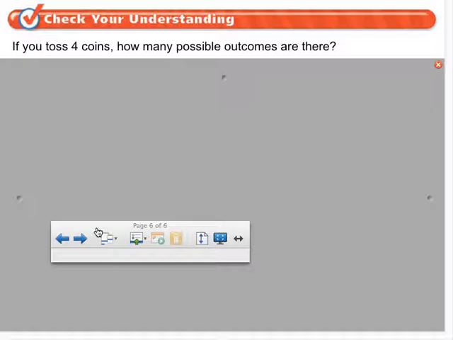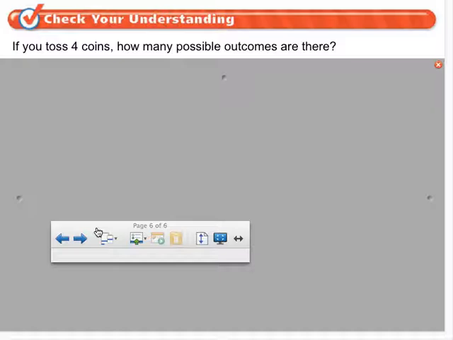So what would I do? I hear some whispers, and they're correct. How'd you come up with that? I flip the coin once. How many possible outcomes are there? 2. I flip it a second time. How many possible outcomes are there? 2. I flip it a third. I flip it a fourth.